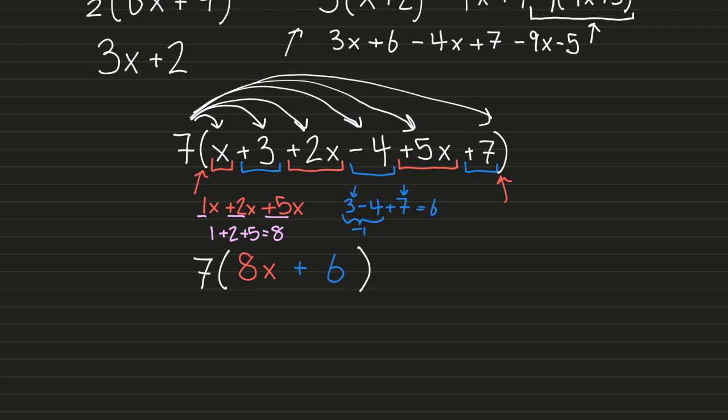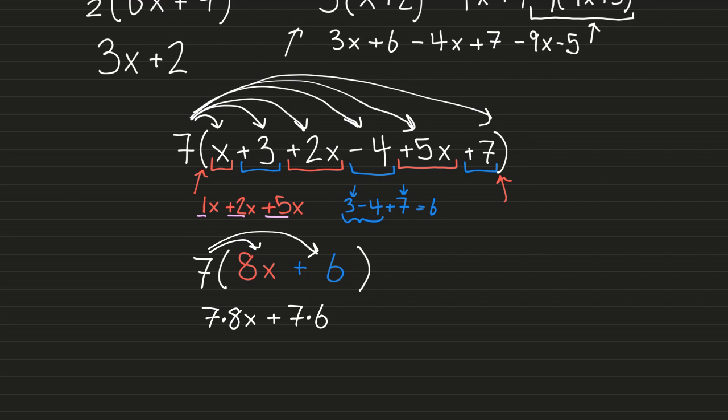Now, let's just make a little bit of space here. Just going to erase a little bit of our work so that we can see that at this point, we have a smaller group to distribute that 7 into. So we have 7 times 8x and we have 7 times 6.